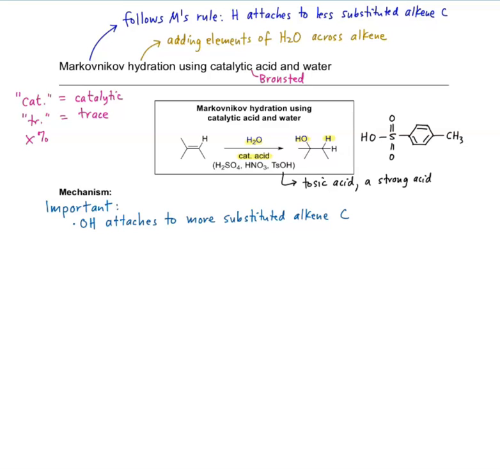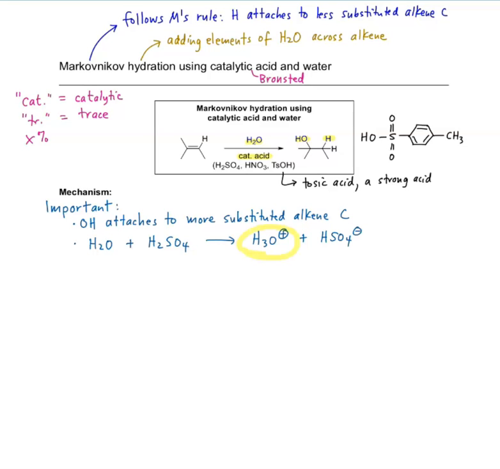Now, when you have a strong Bronsted acid in water, let's say sulfuric acid, remember that what you have going on is the following. The sulfuric acid will donate a proton to water. That gives you H3O+, and then of course you have the conjugate base of sulfuric acid, which is bisulfate.